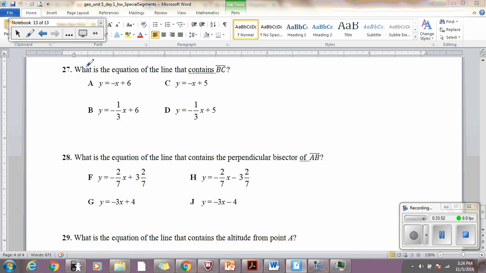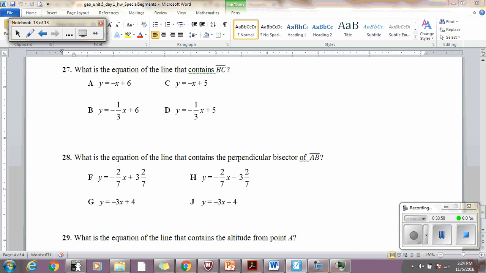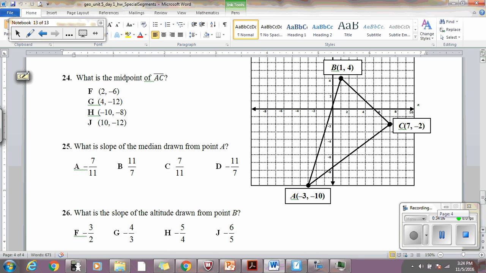Number 29 says, what is the equation of a line that contains the altitude from point A? So in order to be an altitude from point A, it would have to be perpendicular with BC.